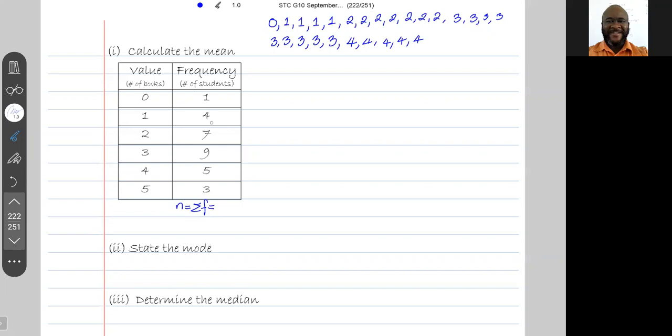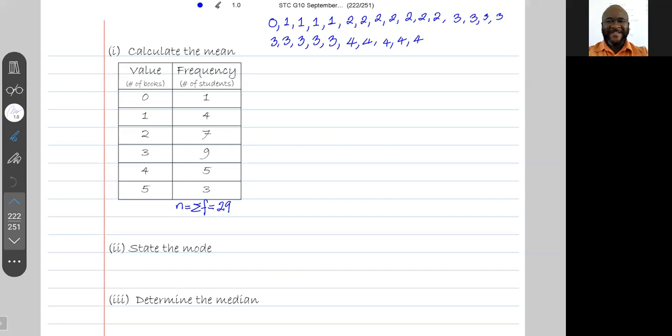This is 5 and 7, 12, and 9, 21, 21 and 8, this looks like 29. 29 persons took part in the survey. 1 person read no book, 4 persons read 1 book, 7 persons read 2 books, 9 persons read 3 books, and a total of 29. So the book club has a total of 29 members, or only 29 members of the book club took part in the survey.